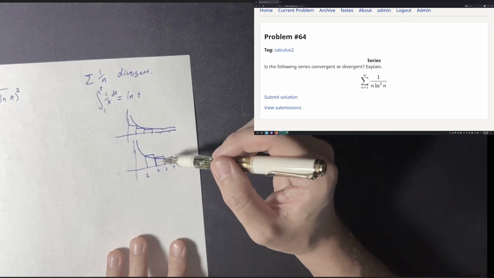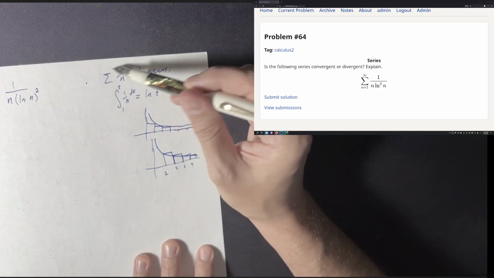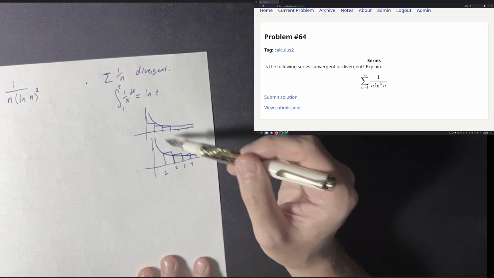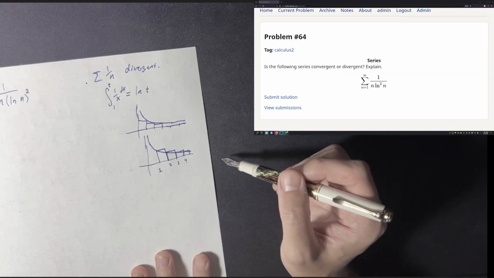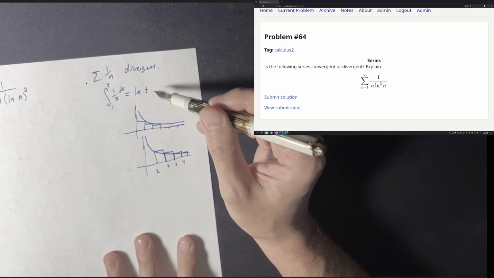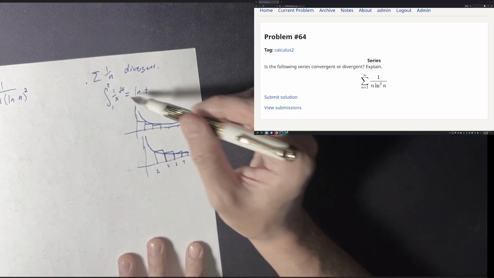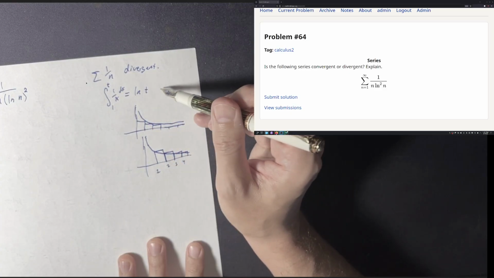Okay, so you can see that depending on how you set it up, you can definitely compare this sum to this area, the area under the curve from 1 to infinity, which we know is infinite because log of infinity is infinite. So it doesn't have a convergent limit. Like this improper integral is not finite.